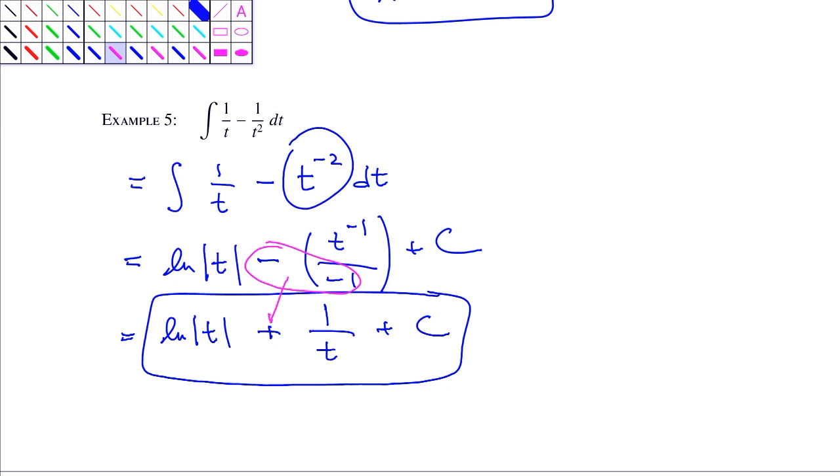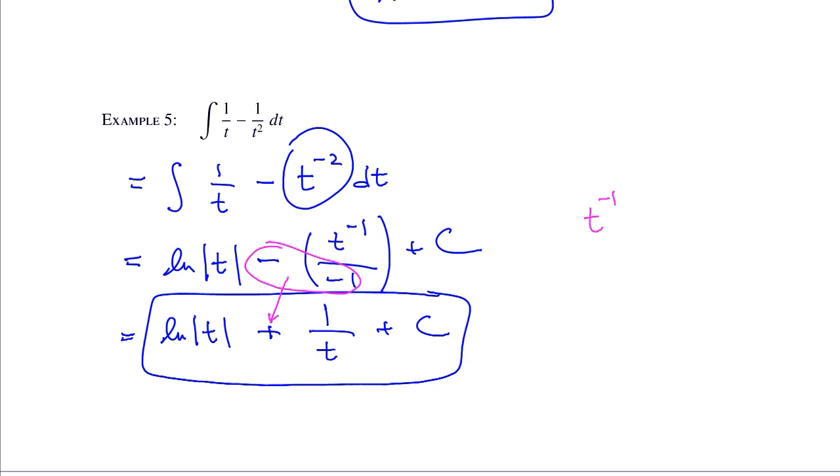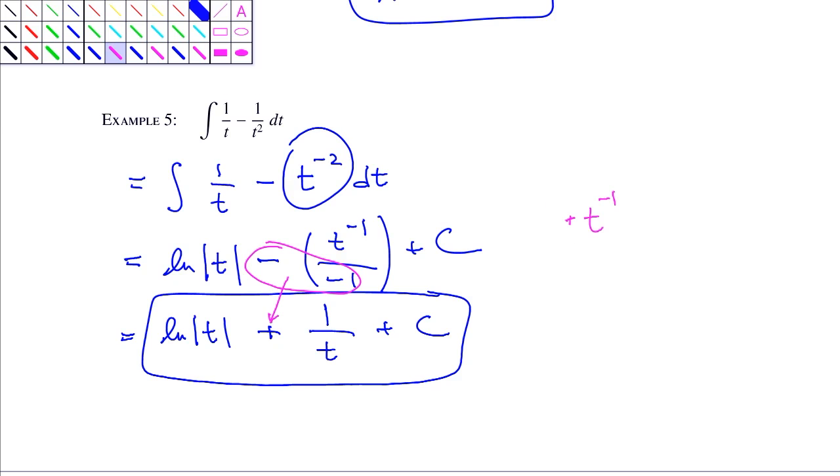Those made the positive. And so it's really plus t to the negative 1, right? Maybe I better draw my pluses a little better here. Plus t to the negative 1, which is then 1 over t. Because t to the negative 1, t goes down to the bottom. T to the first, like that. Okay.